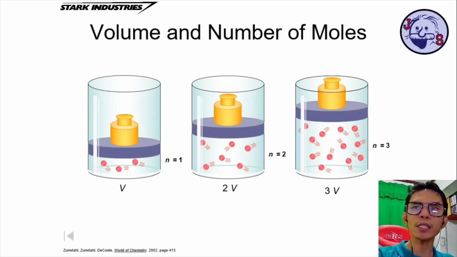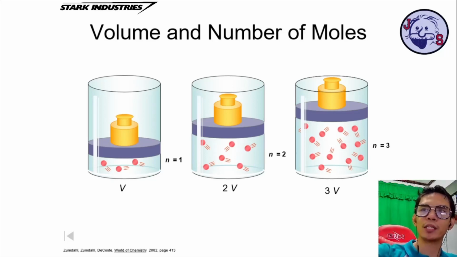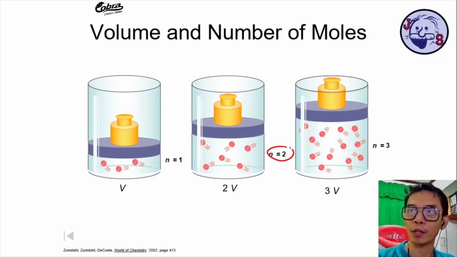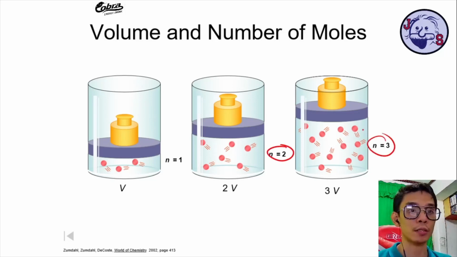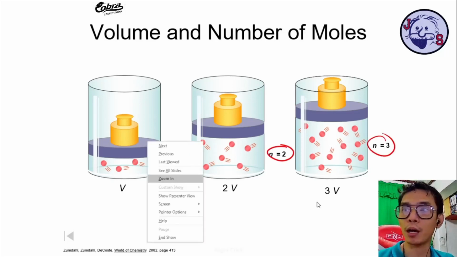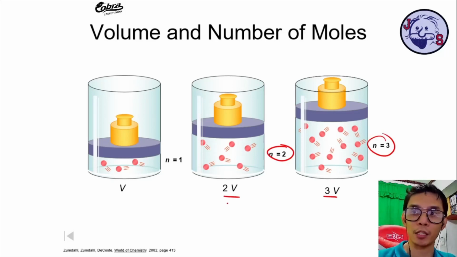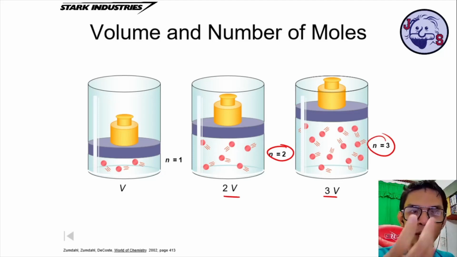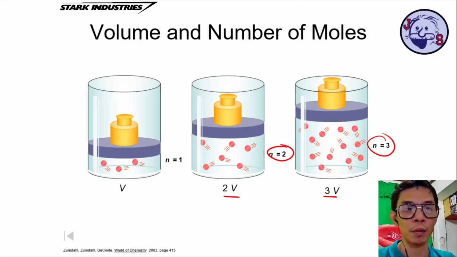As you can see here, as the volume increases, the number of moles, the amount of gas, also increases. It makes sense because when you inflate a balloon and put air inside it, what happens to the size of the balloon?